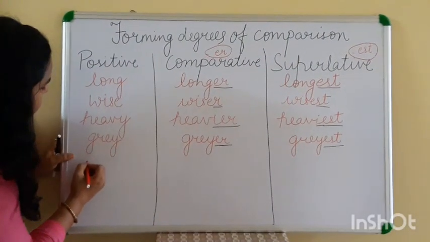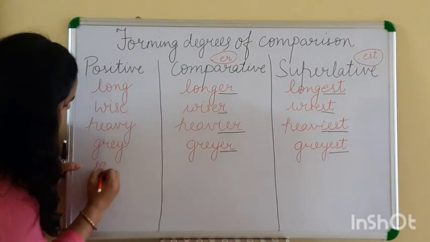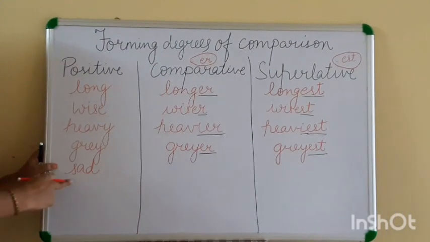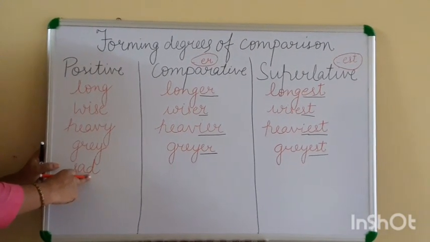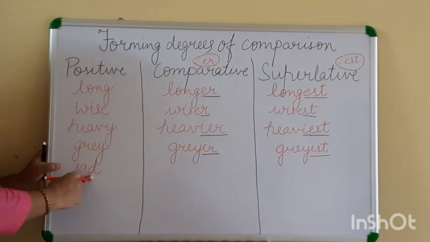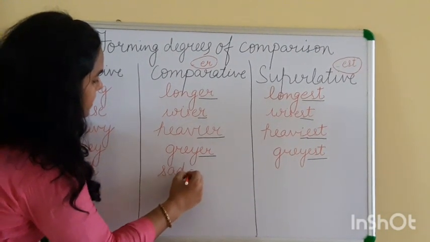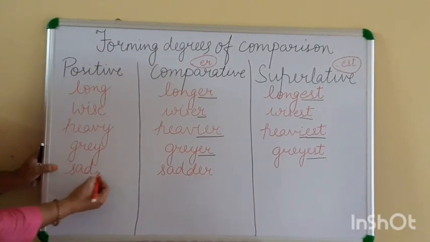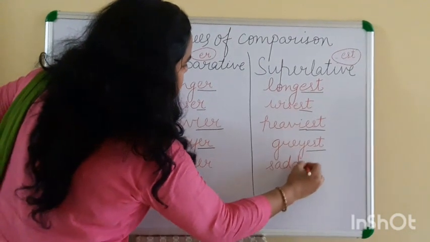Now, I have one word, sad. Now, in some adjectives, we double the last letter of the positive degree. Sad will become S-A-D-D-E-R. D is doubled. Sadder, saddest.